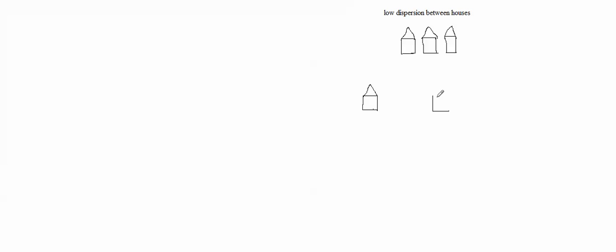So in this type of area, there would be more spread between the houses. So you could say that this is high dispersion between houses.